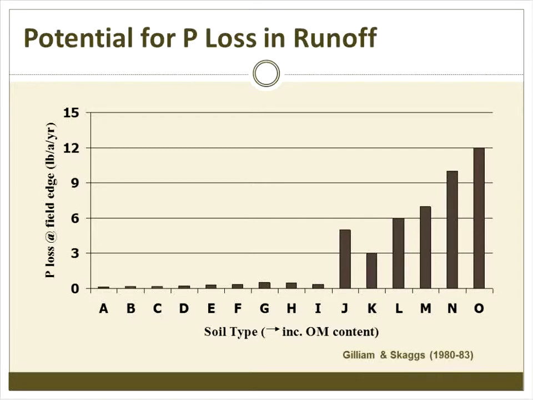These soils out here are your organic soils. This is data from Gilliam and Skaggs. That's because you have considerably more runoff on these organic textured soils than you have on your sandy textured soils. So the amount of phosphorus that runs off is also a function of the runoff capacity of these soils.